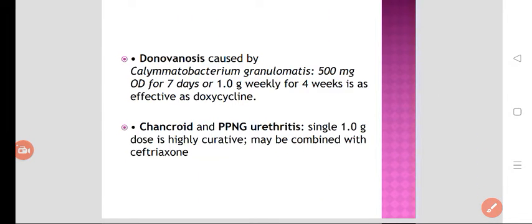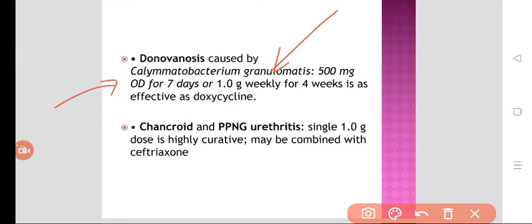Now, donovanosis is caused by Calymmatobacterium granulomatis. In that case, azithromycin 500 milligram OD for 7 days, or you can give 1 gram weekly for 4 weeks. It is as effective as doxycycline.